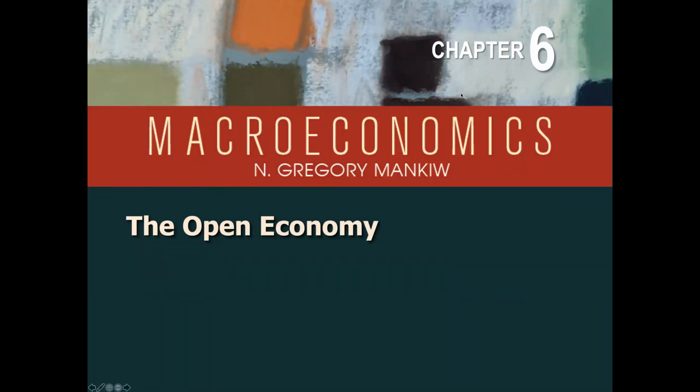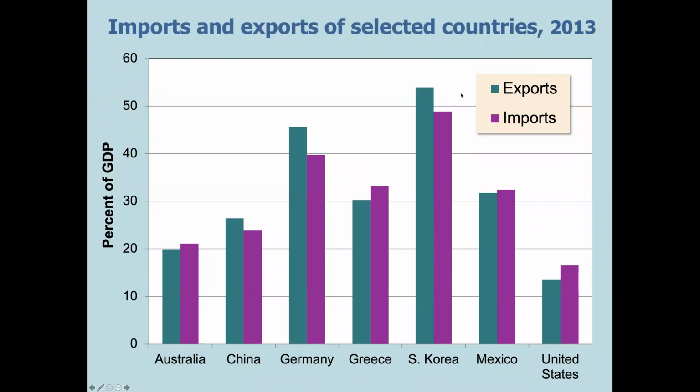The last big topic we're going to do is the open economy. So there is a lot of trade between countries. Here you can see exports and imports, and countries actually differ more in the level of both exports and imports than they do in the gap between exports and imports.